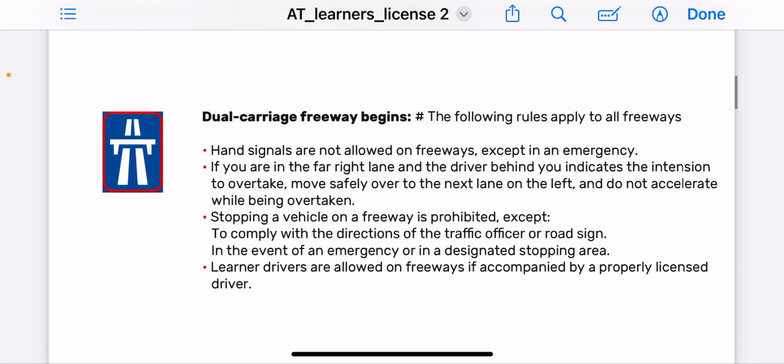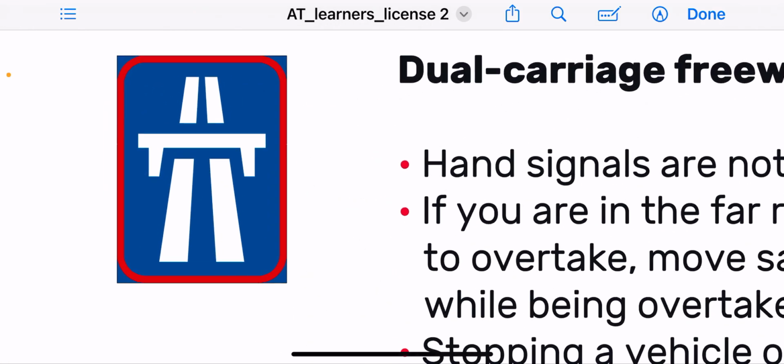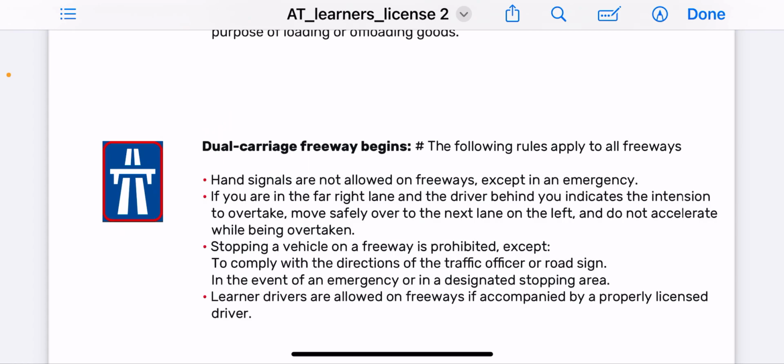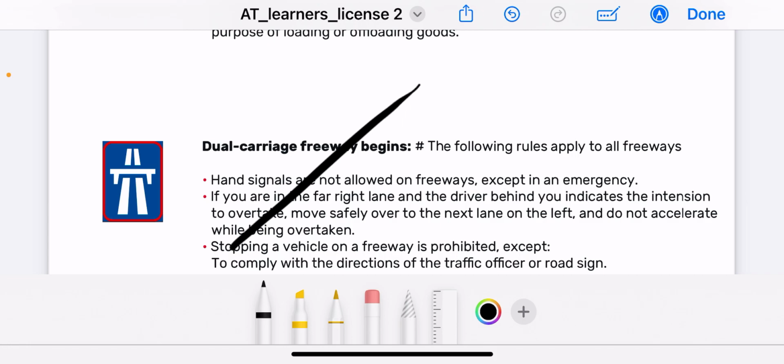Right, moving on, you have a dual carriage freeway begins. Dual carriage freeway, okay? Dual carriage means you have traffic from here. This is dual carriage.